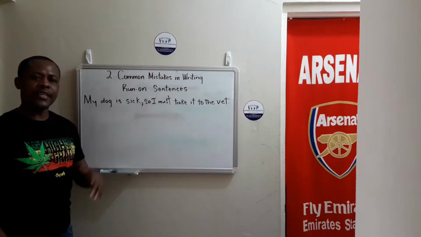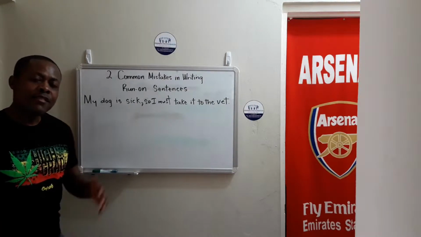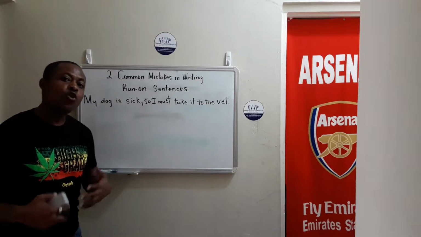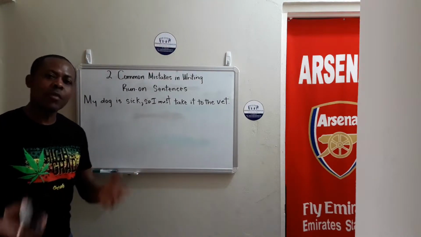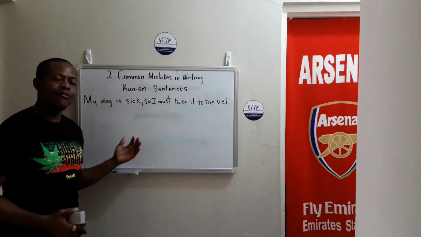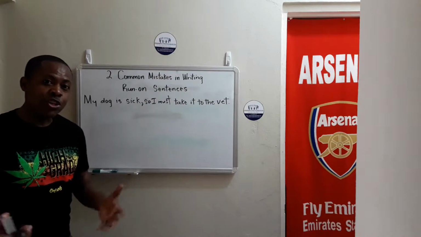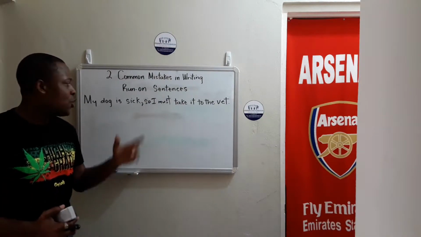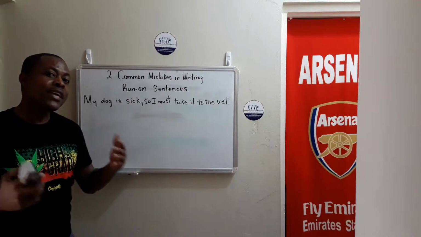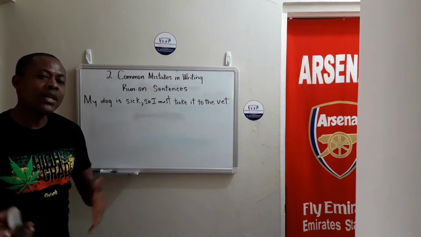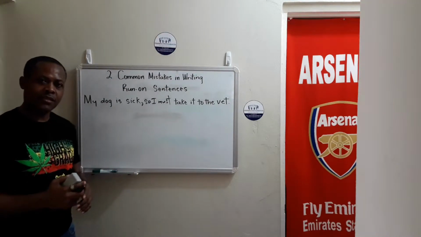My dog is sick, so I must take it to the vet. This produces the correct response in writing. This eliminates the comma splice, and now we have a perfect sentence. Our coordinating conjunction has solved the problem. Notice that the comma is still there. The comma remains because it is not playing the role of connecting the independent clauses.